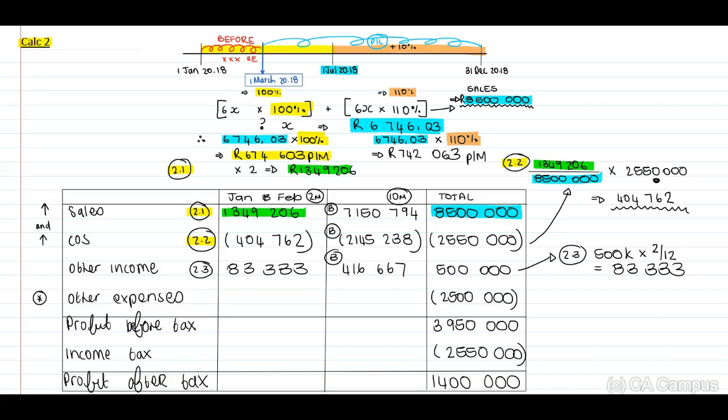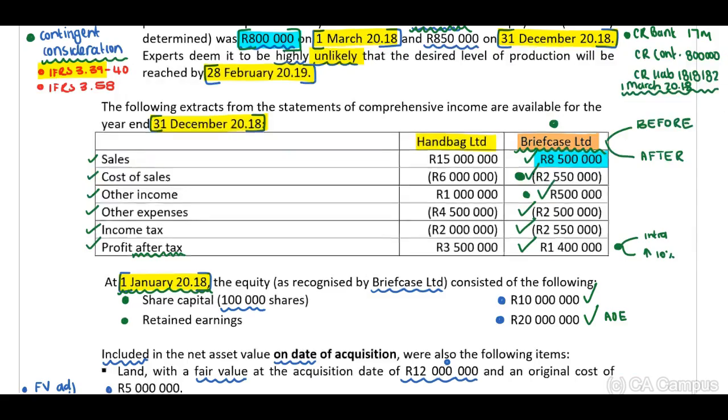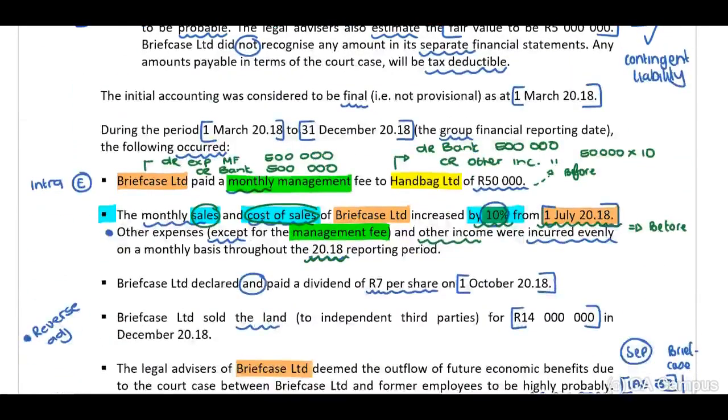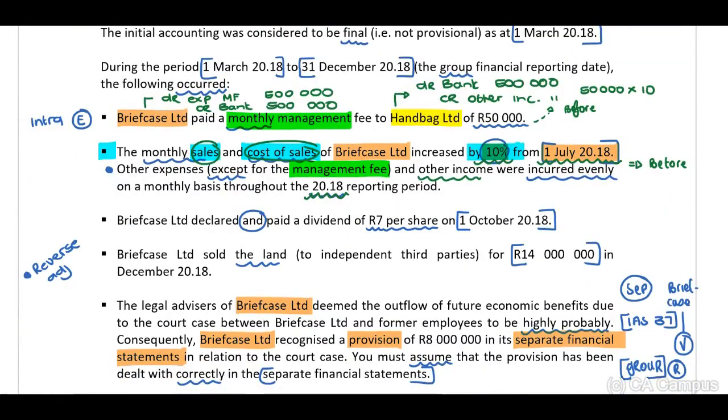Remember, they've indicated to us in the given scenario that there's management fees. Briefcase paid a monthly management fee to Handbag of 50,000. Now they indicate to us that this is during the period 1 March 2018 to 31 December 2018. Therefore, what you need to identify is that included in our total other expenses is the 500,000.